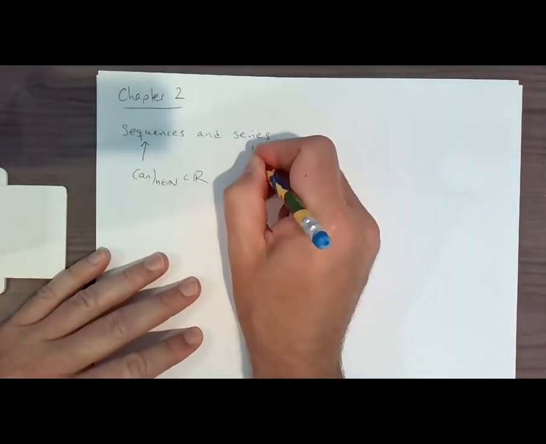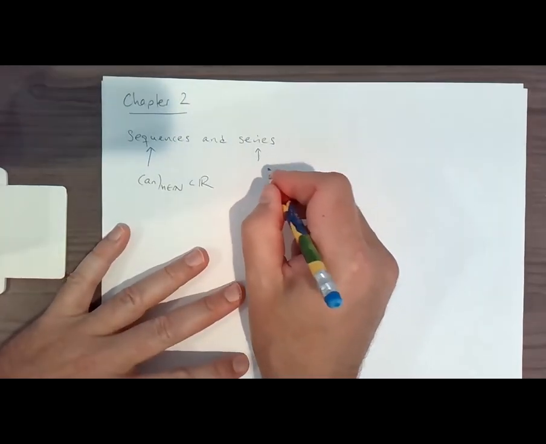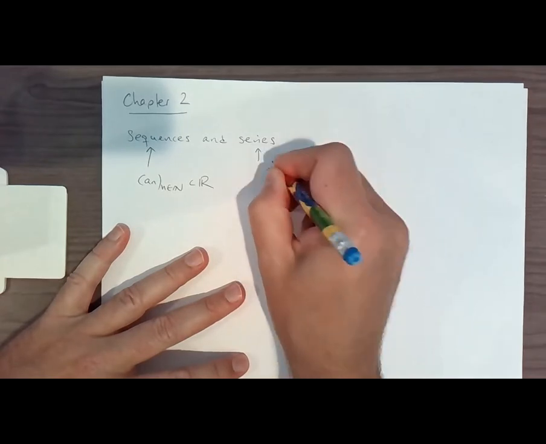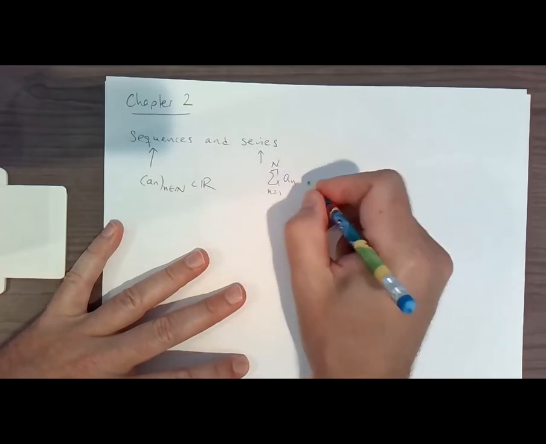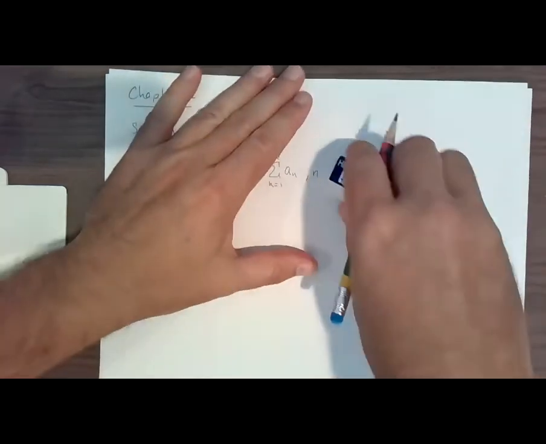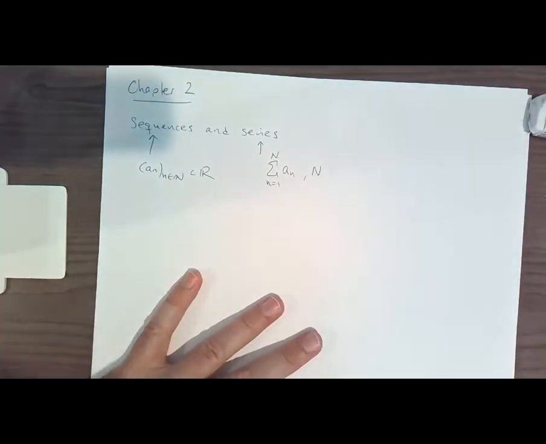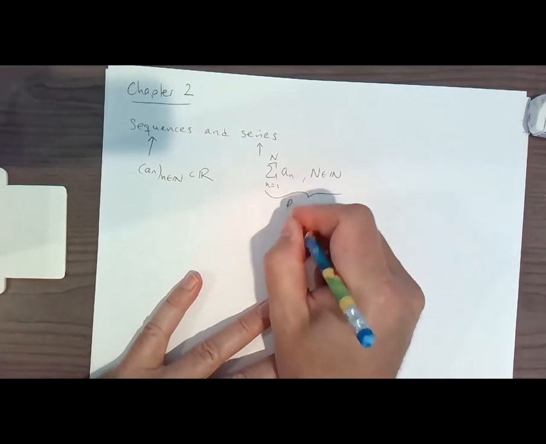A series is a little bit different. These are sums, so you'll be summing these a's typically from 1 to N of a_n, where capital N is a natural number. So these are finite sums.